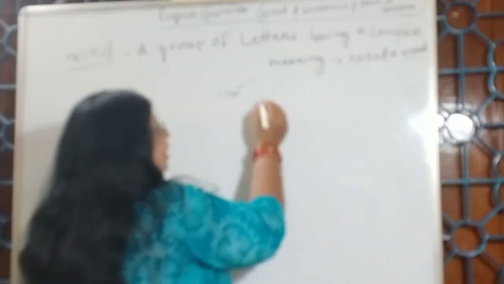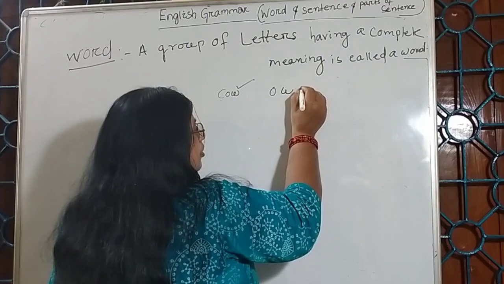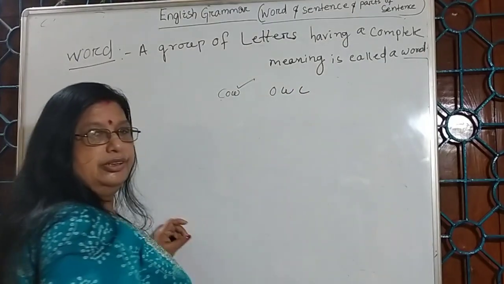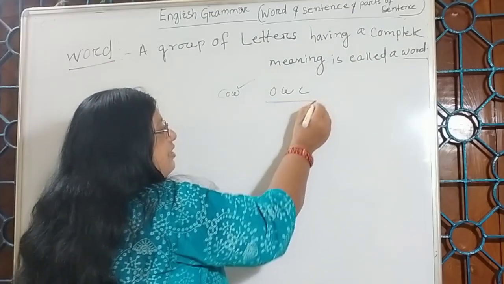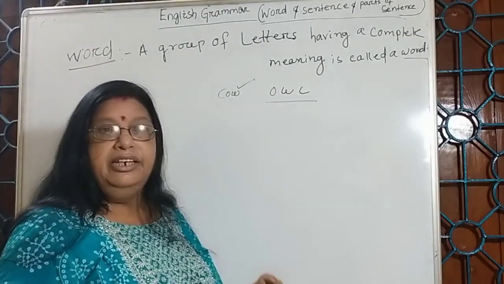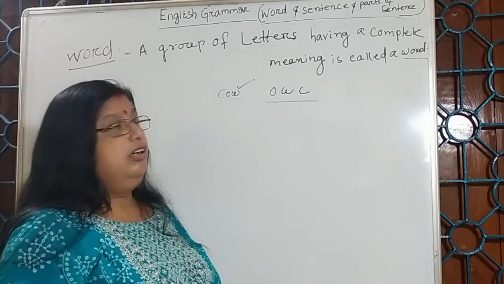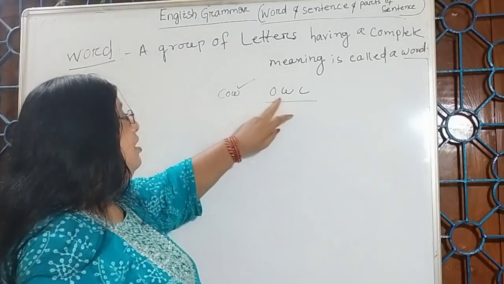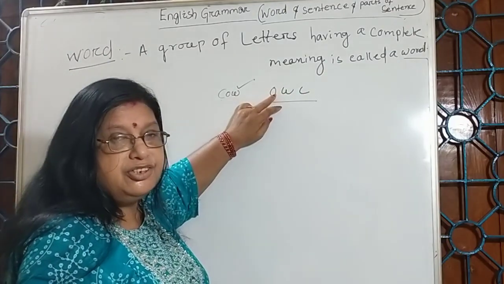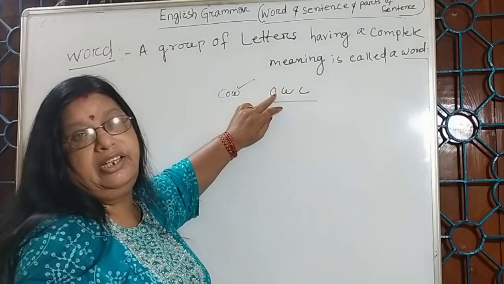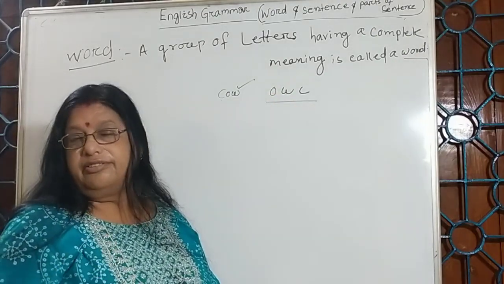But if I write O-W-C, whether O-W-C has any complete meaning? No, not at all. Because these are a group of letters but having no meaning. That's why O-W-C is not a word.